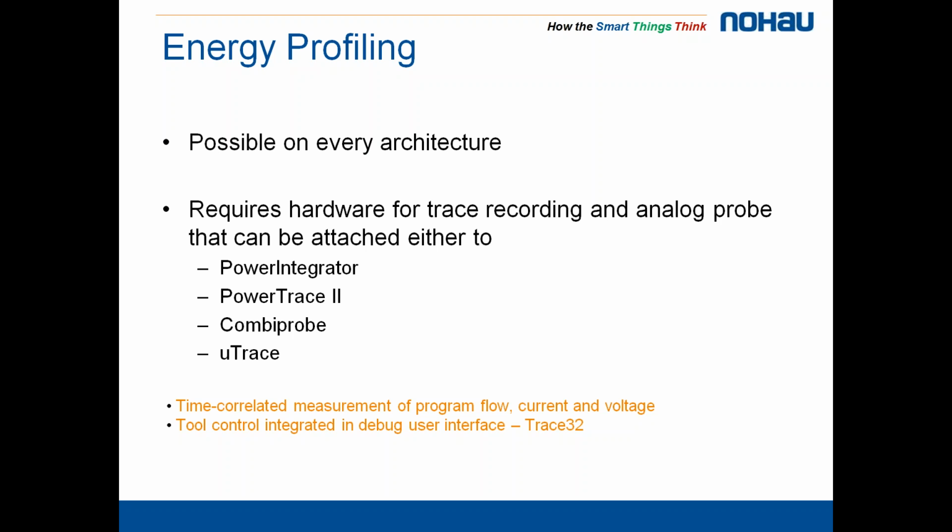So when you're using this Lauterbach hardware together with the analog probe, you will get time correlated measurements of the program flow, current and voltage. So this is then controlled within the Lauterbach GUI, which is called TRACE32, so no need for an extra GUI to do energy profiling.